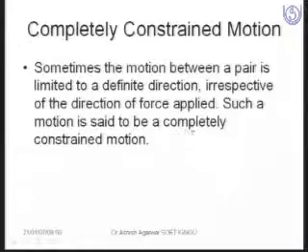Suppose we have a link and there is some type of force, but the force applied does not create any effect on the direction of the movement of the part. That means the force is applied in one direction and the motion is in another direction. Such type of motion is called completely constrained motion, which you see in different types of mechanisms.